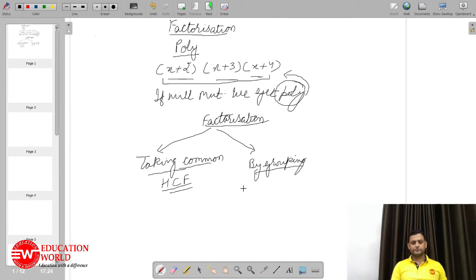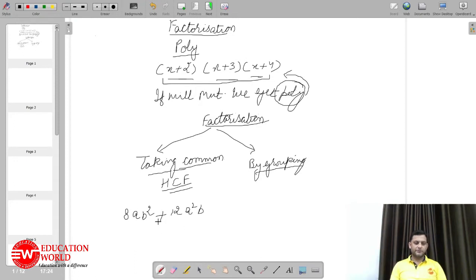First of all we will do this method, not going too much in depth, otherwise you will feel confused. So I am taking an example. Suppose the question given is 8ab square plus 12a square b.